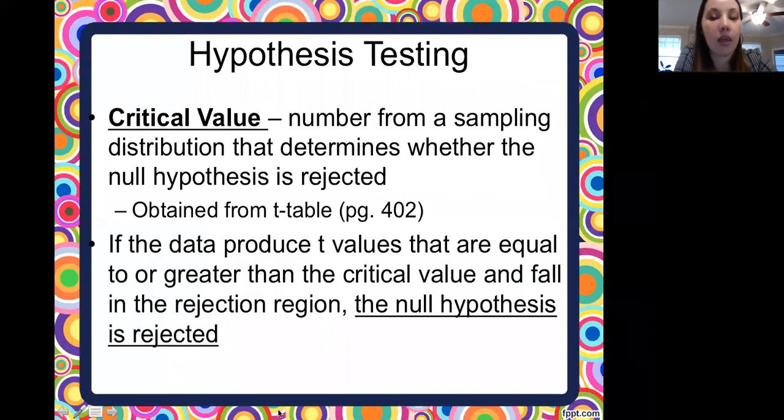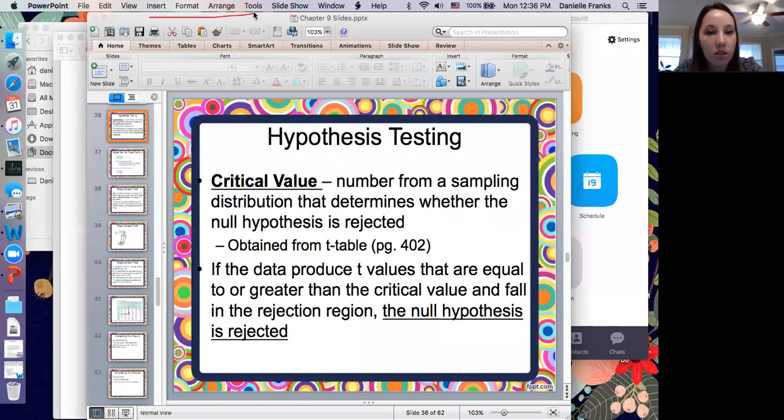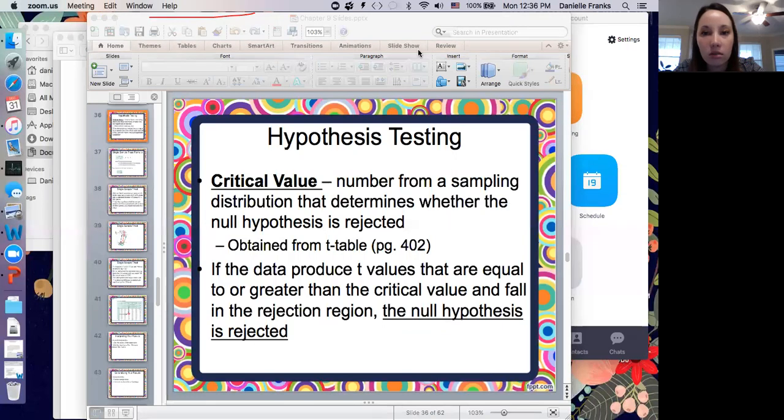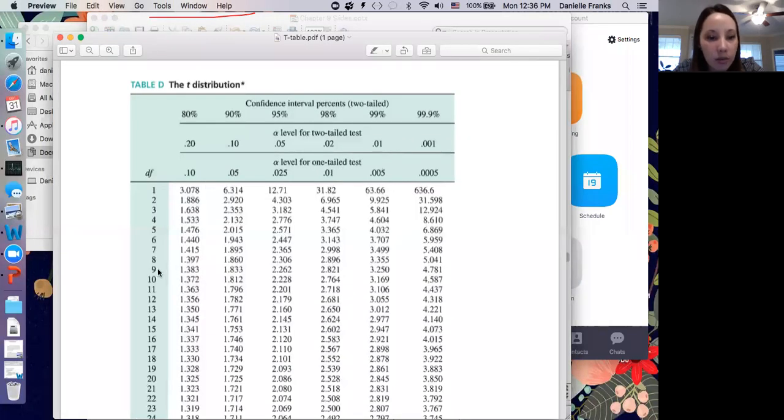Okay. Critical value. This is the number that is associated with our rejection region for each problem. The critical value is the number in a sampling distribution that determines whether the null hypothesis is rejected. So for our Doritos example, we found that it was 2.365.